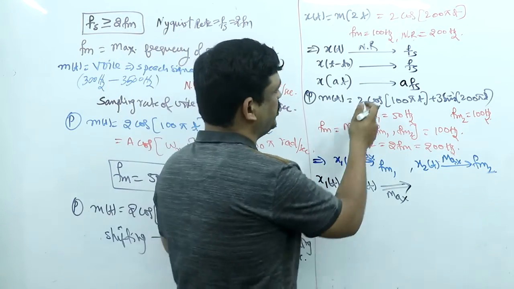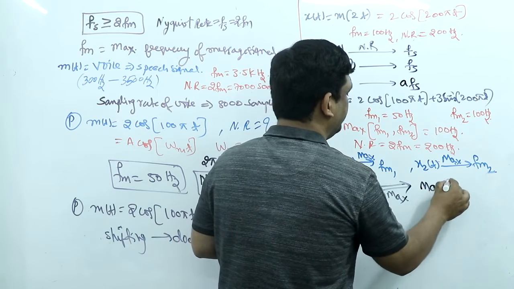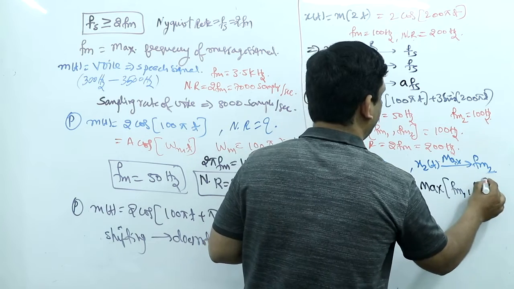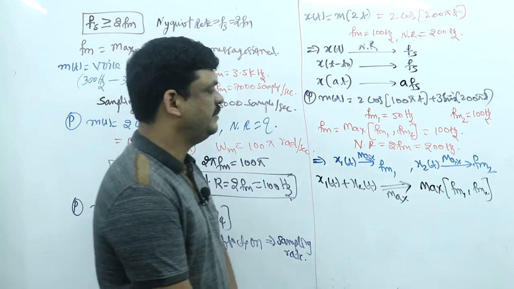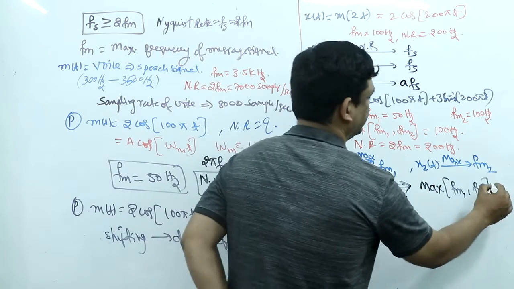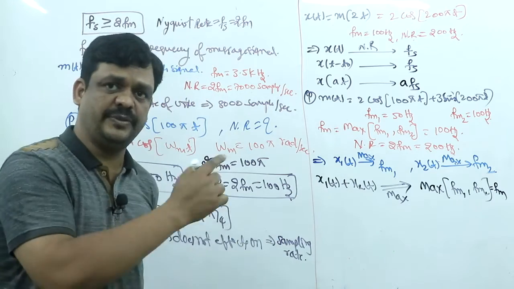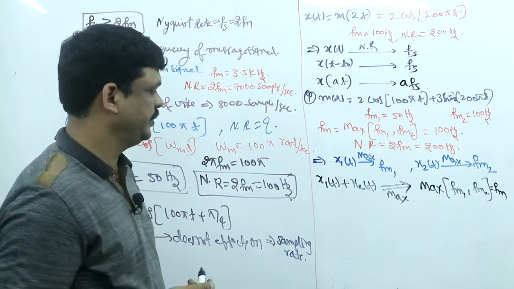For that purpose, we always have to take this equation here. The maximum frequency of this is the maximum of FM1 comma FM2. So the maximum frequency of the summation of the 2 individual signals is the maximum of FM1 comma FM2.